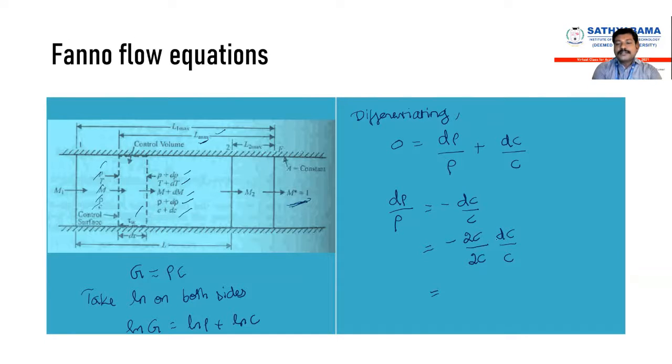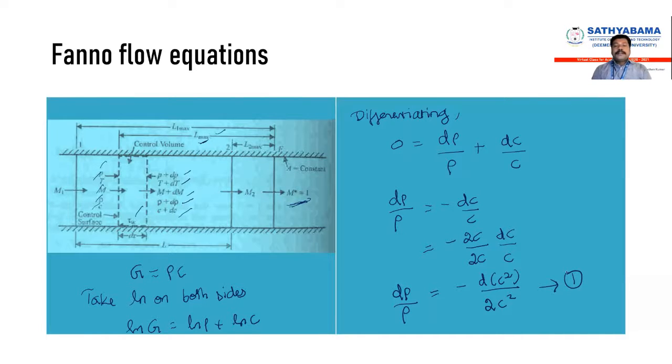So what is minus 2c dc? It is nothing but minus dc square, since the differentiation of c square is 2c dc. I am bringing this differentiation of c square in, and then we have 2c square in the denominator. So this is d rho by rho, and let it be equation number 1.